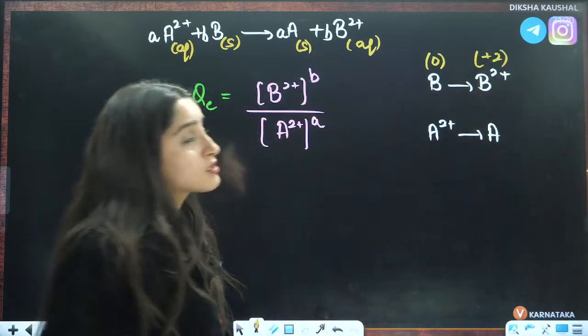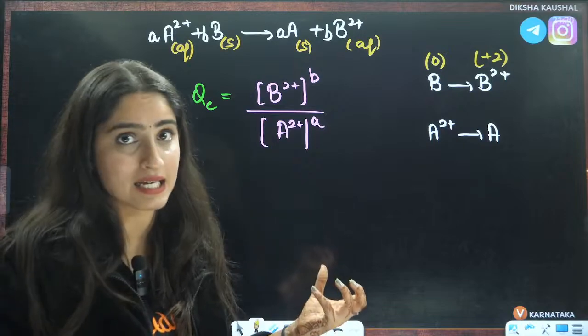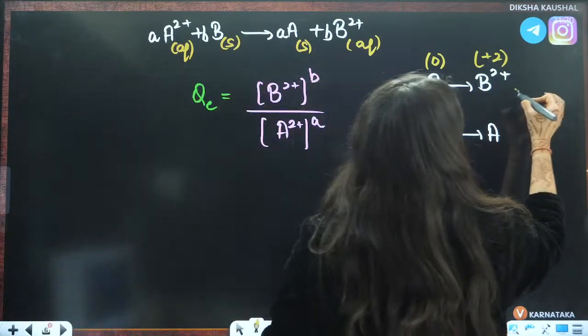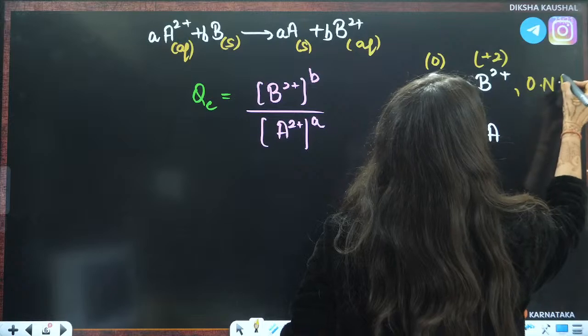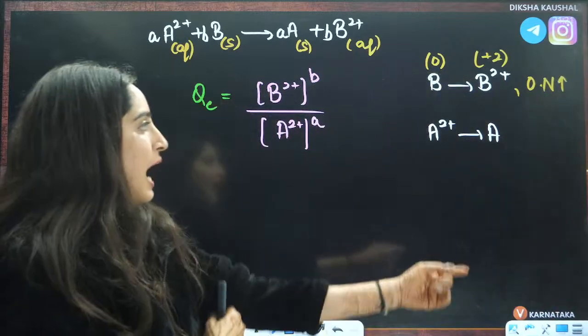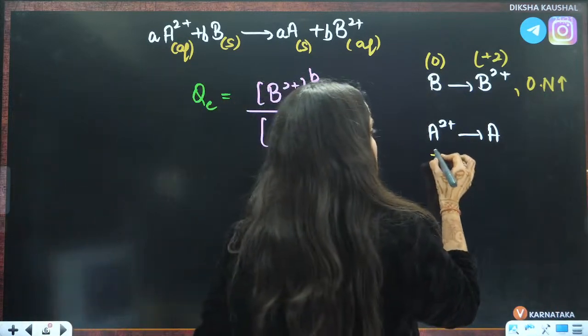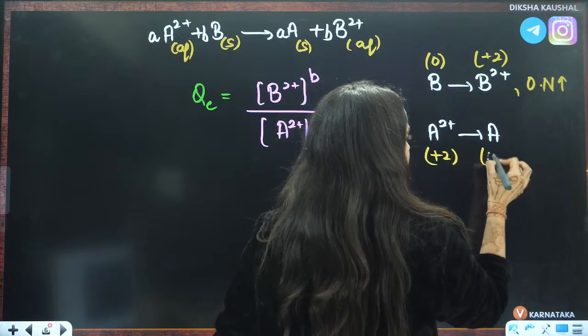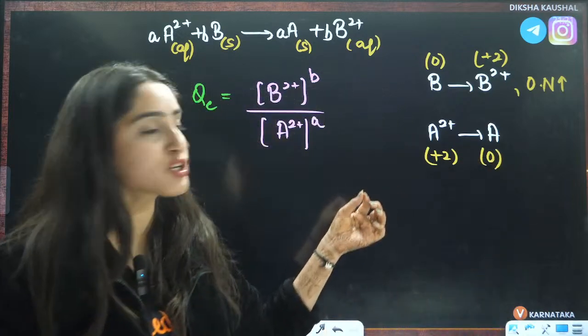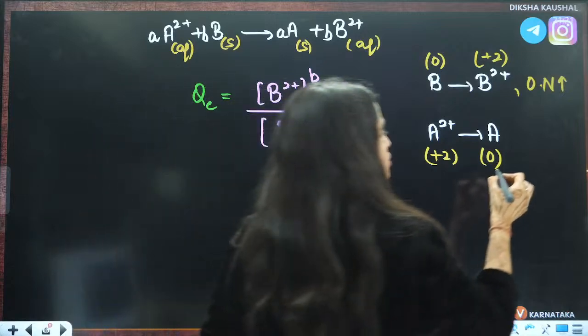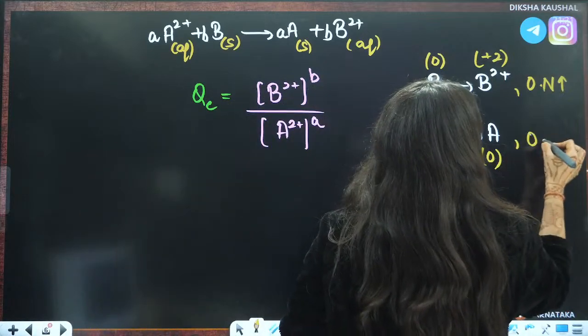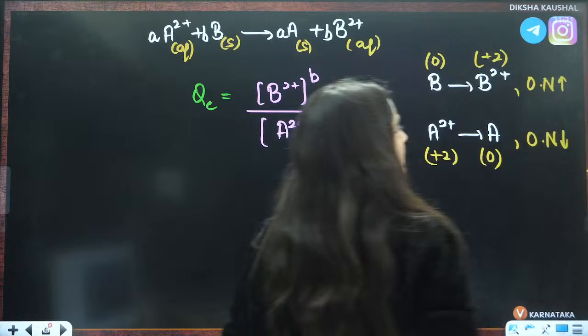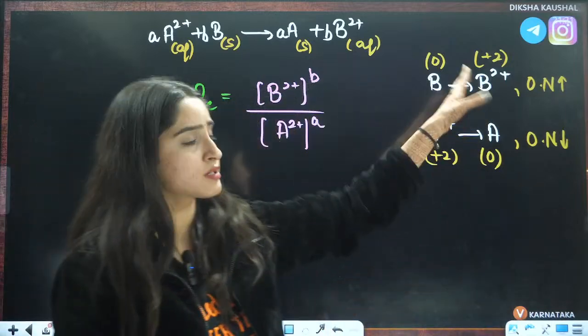That means the oxidation number is increasing. And here, as you can see, it is plus 2 to 0, so the oxidation number is decreasing. Here it is decreasing, here it is increasing.